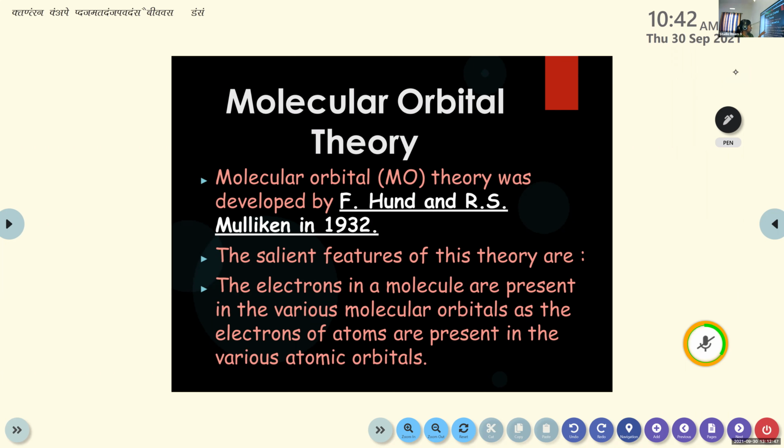Similarly, in molecular orbitals, electrons of molecules are present. So that's the first point of this theory. Clear?